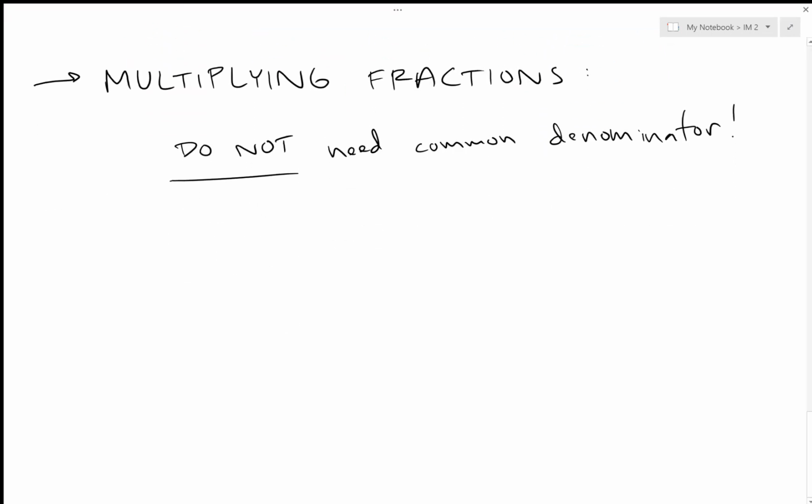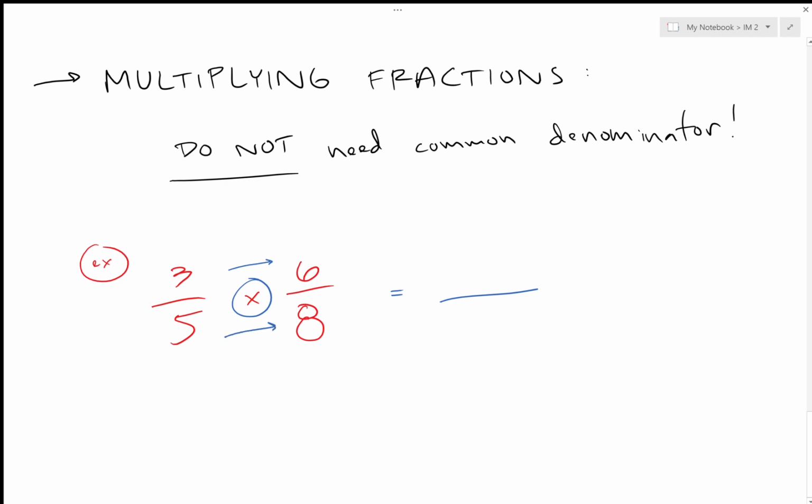So for example, if they gave us 3/5 times 6/8, it's not common denominator, but it doesn't really matter because we're multiplying here. Multiplying fractions is easy. You just multiply across the top and multiply across the bottom. All right, so not like adding where we need common denominator.